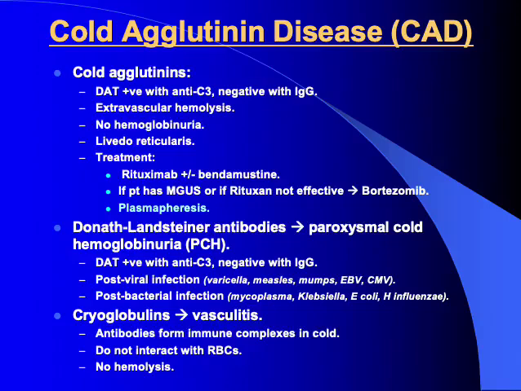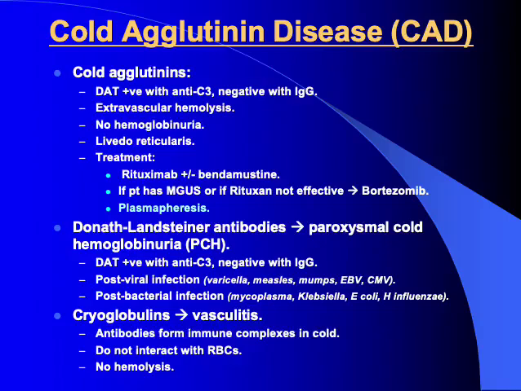Plasmapheresis plays a crucial role in this disease, especially if the titer is very high and the patient is very symptomatic. Remember, protect those patients from cold, any cold, AC, cold weather, anything cold, because the hemolysis is severe in cold condition, cold weather.